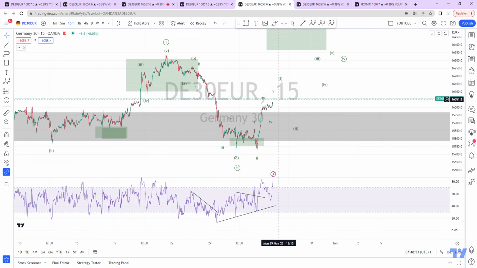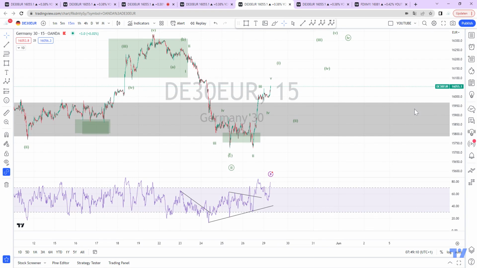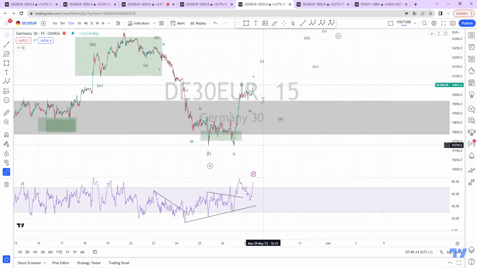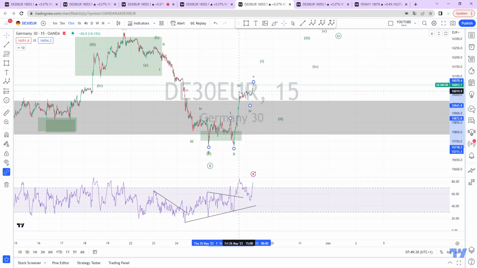So we are pushing higher here, and the difficulty is that it's really hard to say, on the 15 minutes, when this push to the upside will be over, because if we have a look at the internal wave counts, I count here a 1, then we came back in a 2, and now are we doing a 3, or was the 3 in here, and this is our 4?